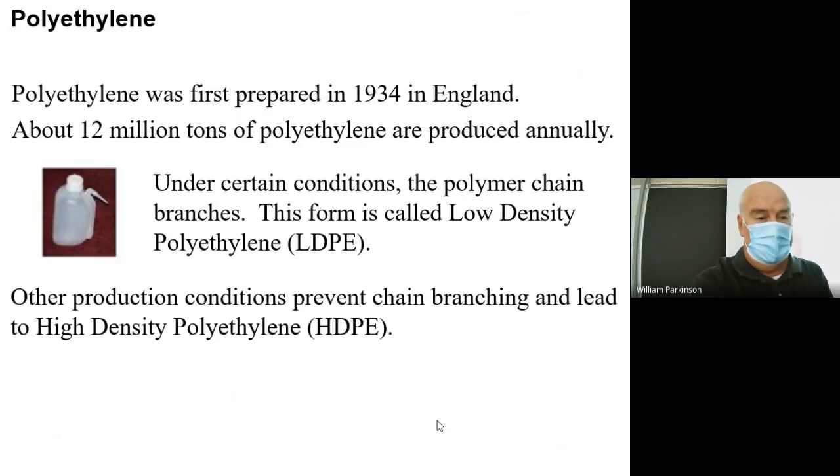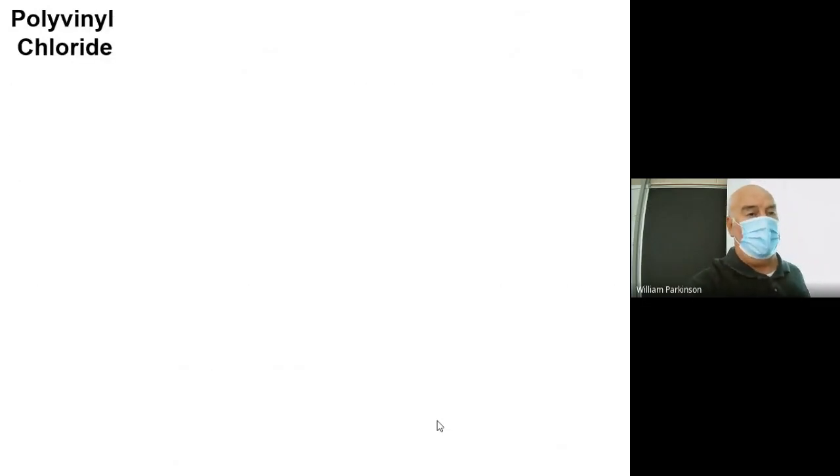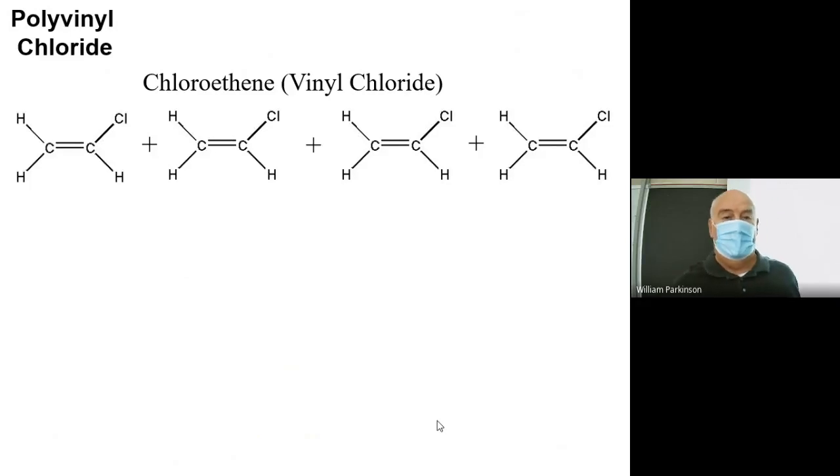So one of the first ones that was done was this one, known as polyvinyl chloride. Now, the monomer for polyvinyl chloride is known as vinyl chloride. And this, again, is not really the traditional name that we should actually use.